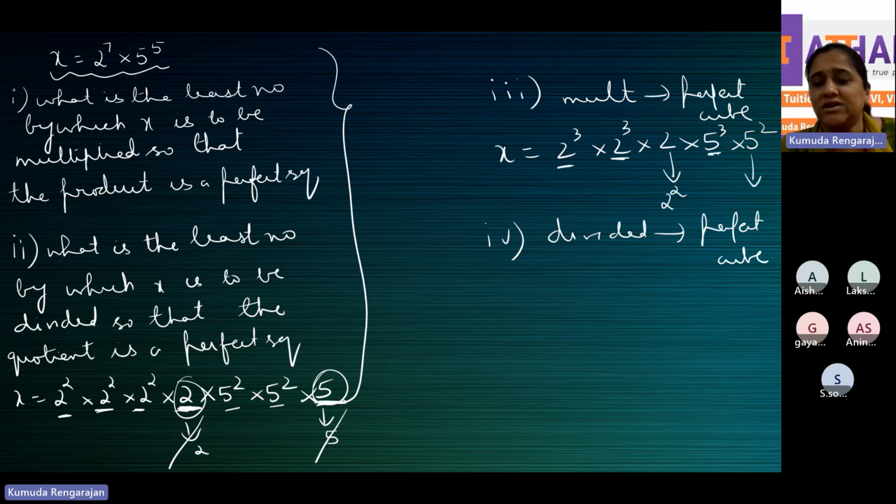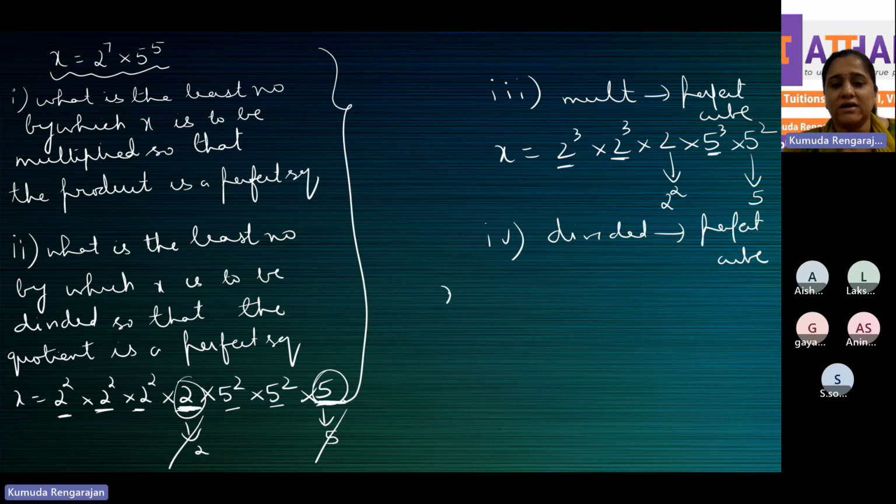This one is in triples, this one needs 1 more 5. So when we have to find the least number to be multiplied, we introduce factors. We'll give 2 2s and 1 5. That is 2 square into 5, 20.